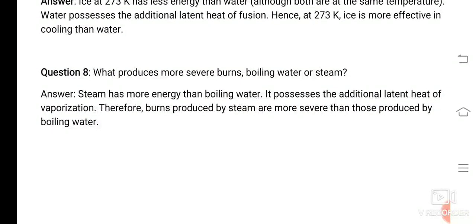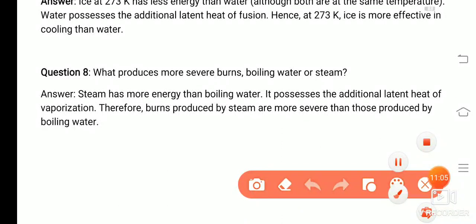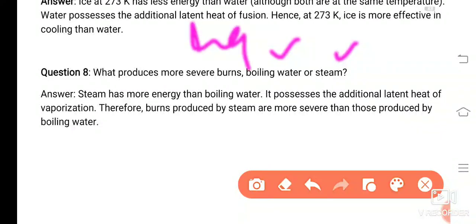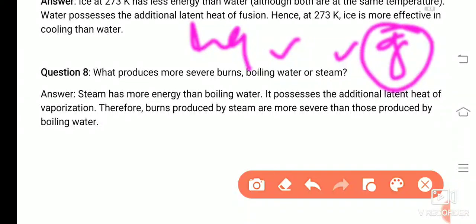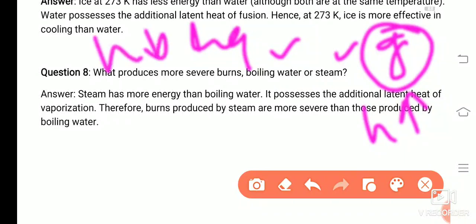Next question is, what produces a more severe burn, boiling water or steam? Again the same concept will be asked. Here you can see boiling water and steam. You know that liquid and gas are two states where gas has more energy, more heat. Heat is more in the form of gas, and less in the form of liquid.